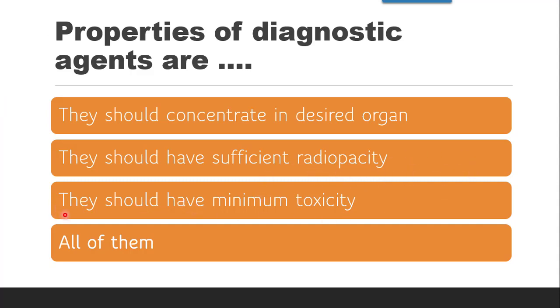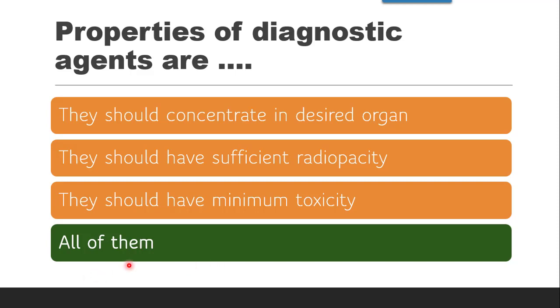They should have minimum toxicity. Though they do not have any therapeutic value, they should have minimum toxicity. Why? Because if they are toxic, they cannot be injected into the body for diagnostic purpose. Then the last option is all of them. The correct answer is all of them.